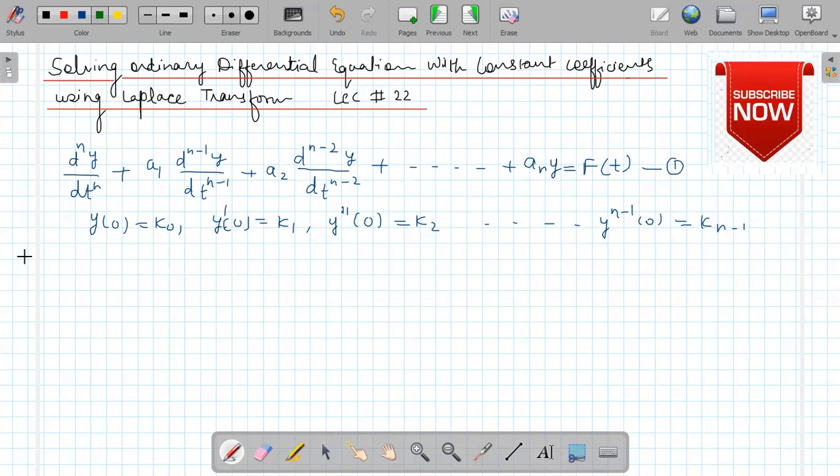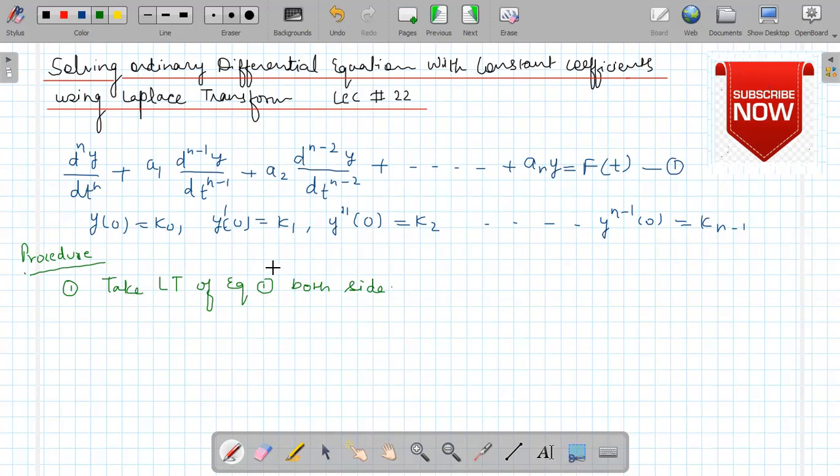So the procedure to find the solution is, first of all, take Laplace transform of equation 1 both sides.